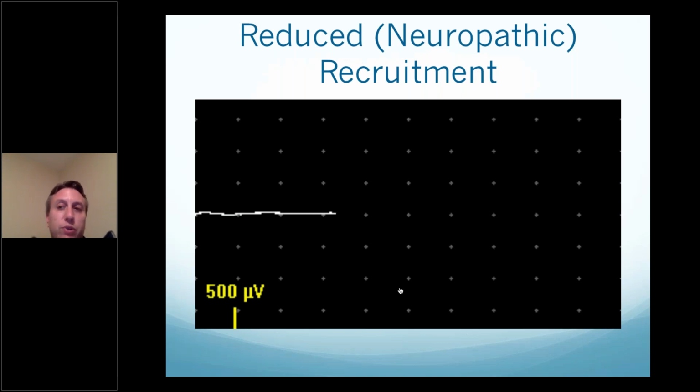So in reduced recruitment, you have a reduced overall number of motor units that are firing, but the ones that do fire, fire very quickly. And you can tell they fire very quickly because they appear on the screen more than 2 at a time of the same exact shape.